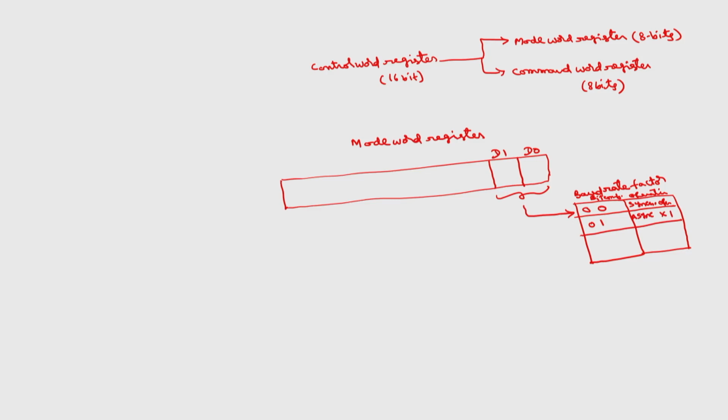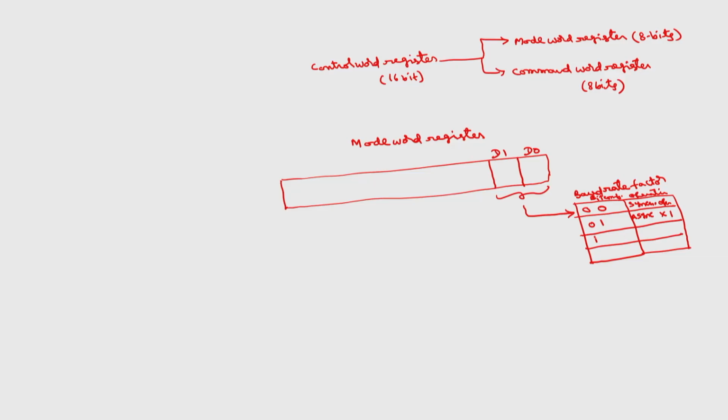Whatever baud rate we have set, that is to be multiplied by 1, which means it will be taken as it is. I will explain what is meant by this baud rate factor 1, 16 and all, when we discuss some examples. 1 0 is asynchronous, but the baud rate factor is 16. 1 1 is asynchronous only, baud rate factor is 64.